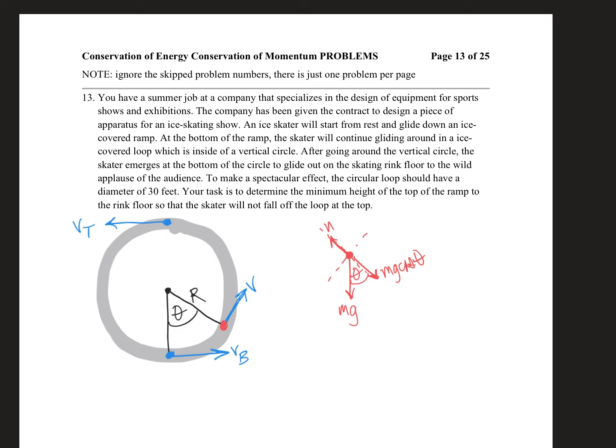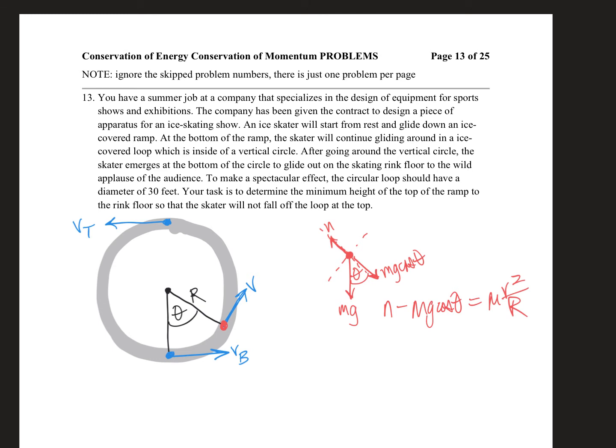All right, and so this force game, the normal force, is now our up force, our center seeking or perpendicular to a circular path, which means that the normal force is center seeking as well, minus the apparent weight relative to the track has to equal mv squared over r.